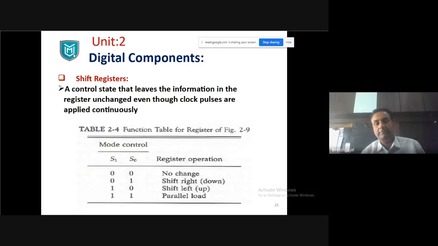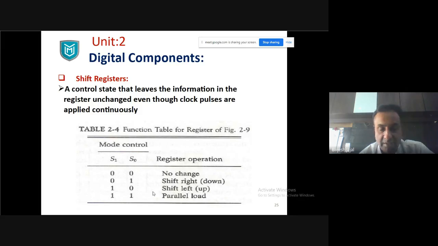So this is a function table. Again, you have two possibilities, S1, S0. If both are 0, you are not doing any operation. I don't want to do anything, so that is called no change. If I use 0 and 1, it means shift right, or you can say down also, so the value goes down.